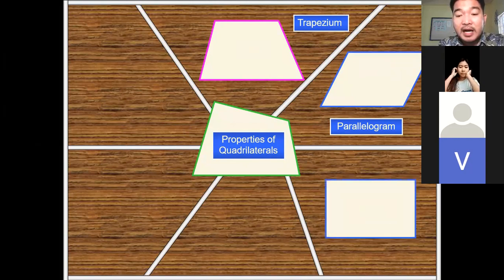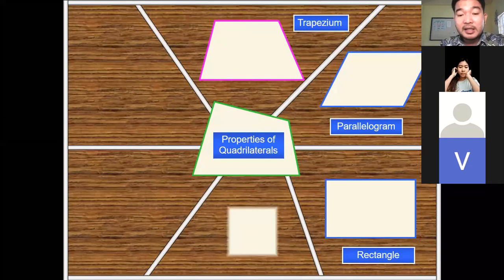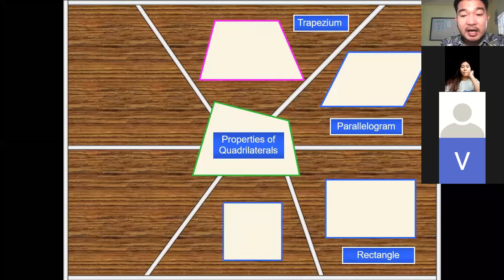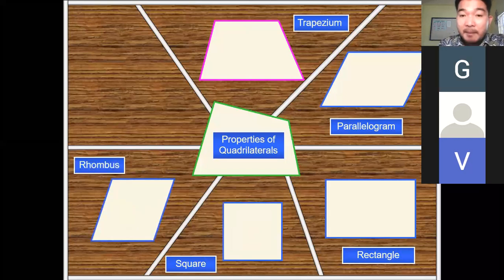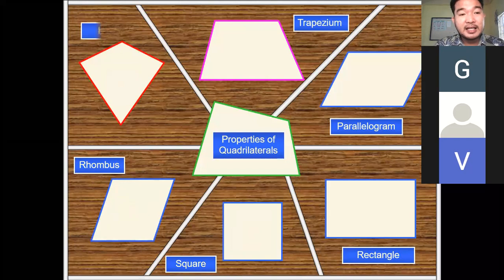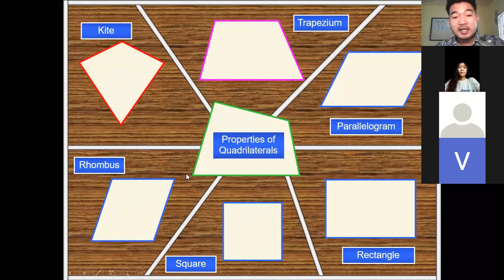We have a rectangle, then we have a square, and then we have a rhombus. This is not a rhombus, this is a rhombus. Then we have a kite. Basically, these are the different types of quadrilaterals that we are going to deal with. Yan yung iba't ibang uri ng mga quadrilaterals na mayroon tayo.